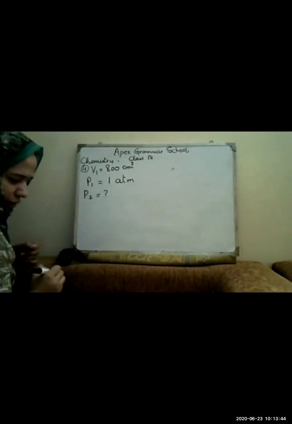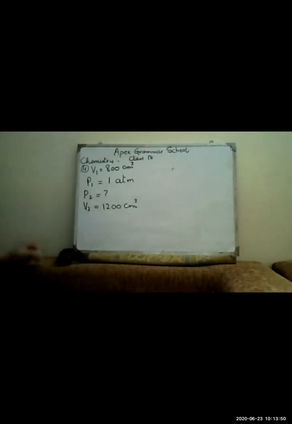What will be its pressure in millimeter of mercury? Pressure we have to determine when it is allowed to expand up to 1200 cubic centimeters. Now, the thing to remember over here, they are asking about pressure in which unit, millimeter of mercury.